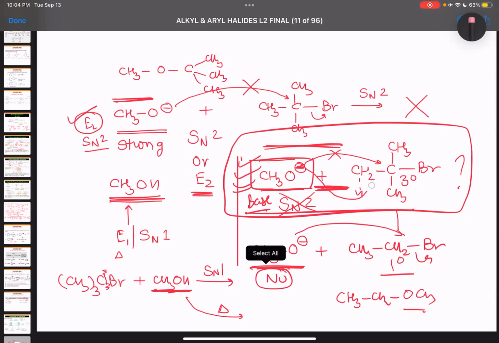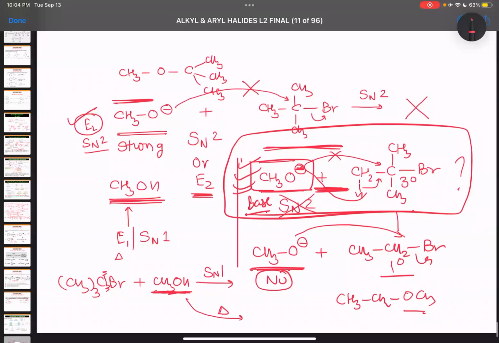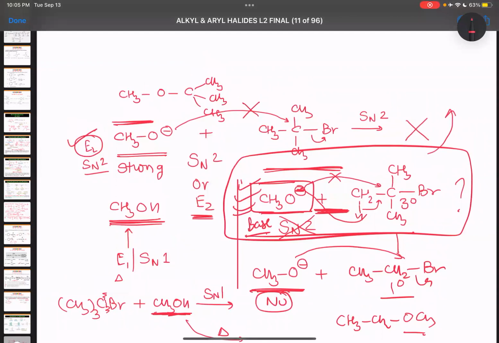And there are a lot of H plus, and elimination is also favored. Why is elimination favored? Because you have so many hydrogens, right? And the alkene which is formed is very stable. Is it clear? Yes, sir. So elimination is actually favored. And the alkene which is formed is very much branched, so it can form very easily.